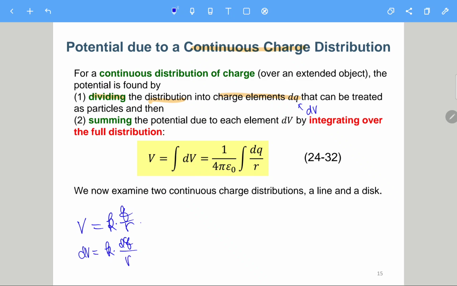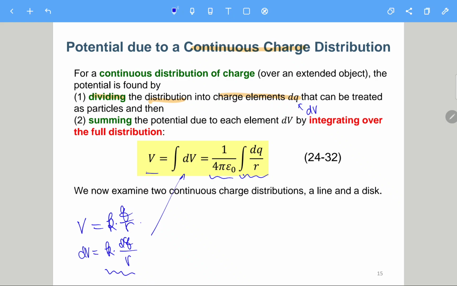The total V is the integration of dV, plugging in dV equals k times dq over r, so it becomes this way. This one is a constant, so we only consider this integration.